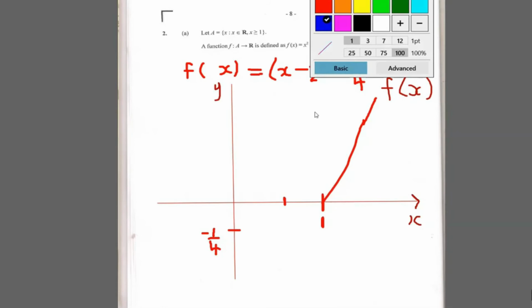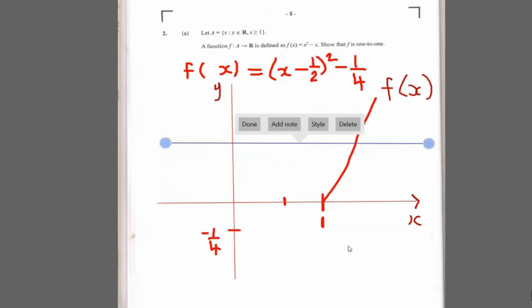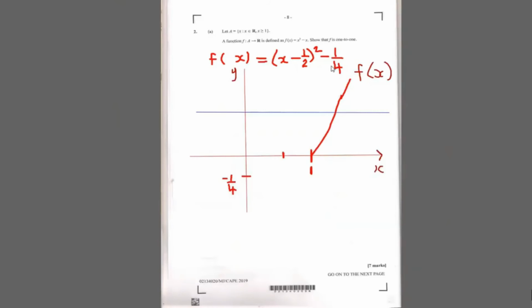Let's put a horizontal line in blue. This is our horizontal line test. And we can tell them according to the horizontal line test, it only detects one point of intersection. So yes, it is 1 to 1. We're going to tell them that now.